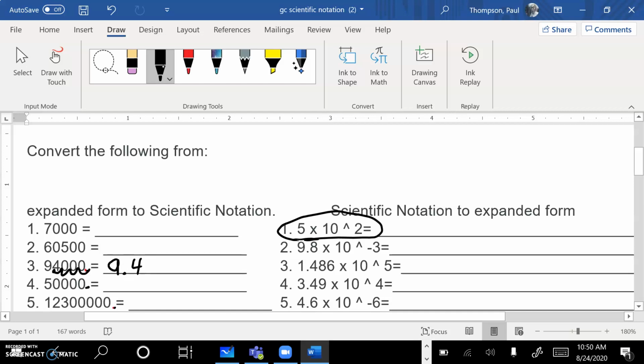And you heard me count out loud, I moved it 4 times. If you look at the original number, it is greater than 1. So with that being said, this exponent will be positive. See?